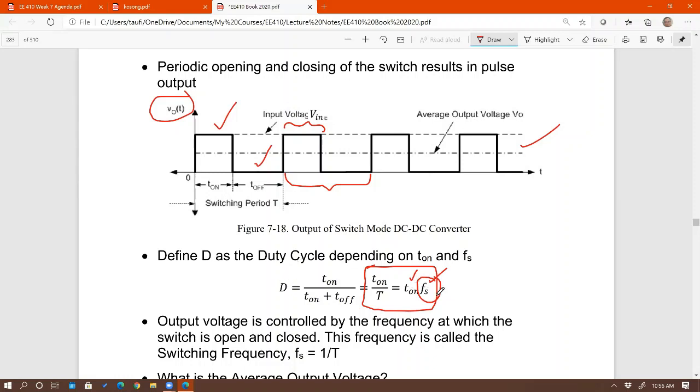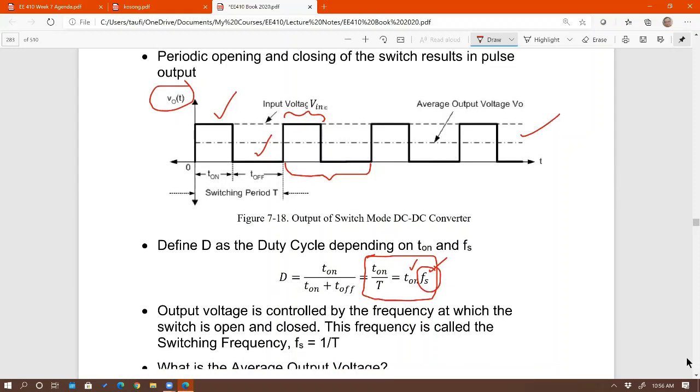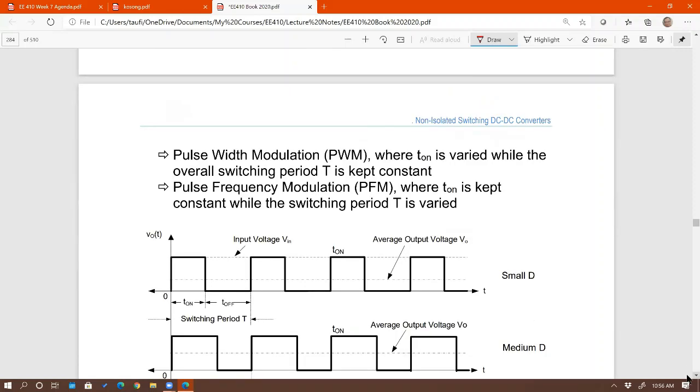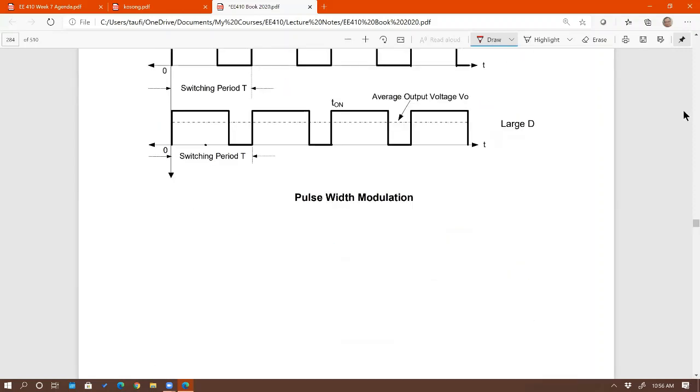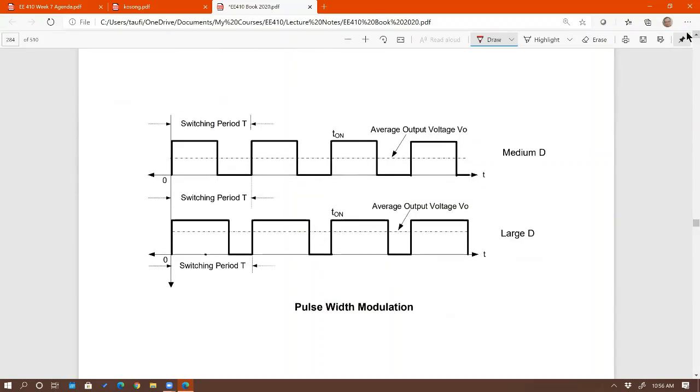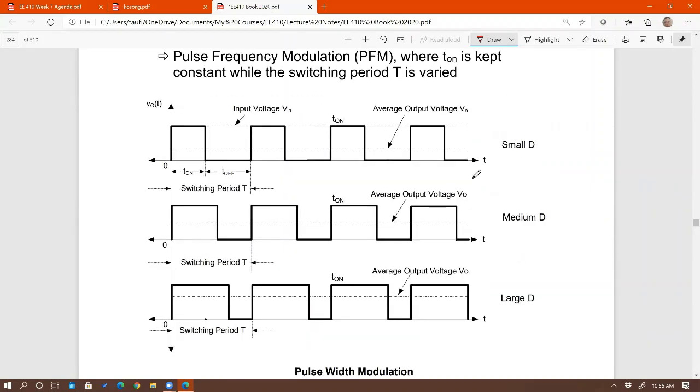I could also do the opposite. I'm keeping T on the same, but then change switching frequency, and I can also change duty cycle that way. If you do the first method, if you keep the switching frequency the same, you can see from the period, if the period stays the same and you're changing the pulse width to bigger, bigger, and biggest, then you're adjusting duty cycle from small to large, right?